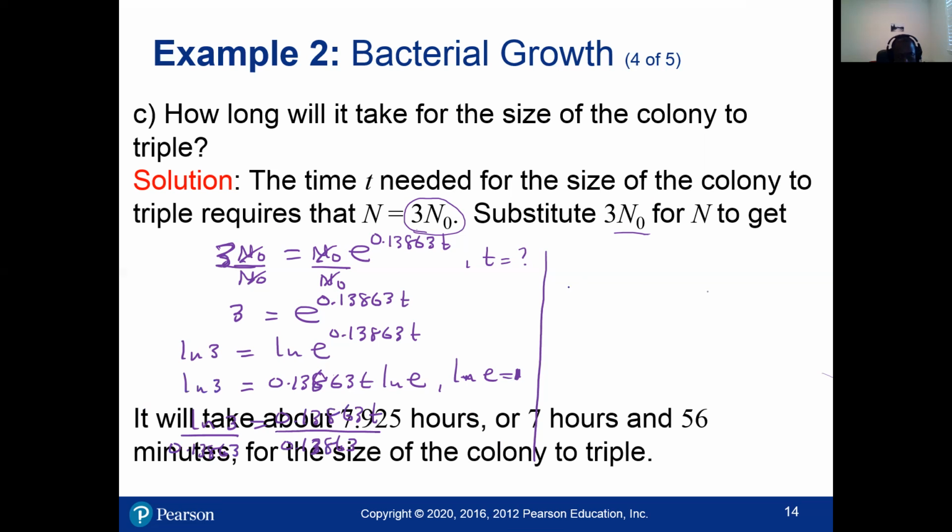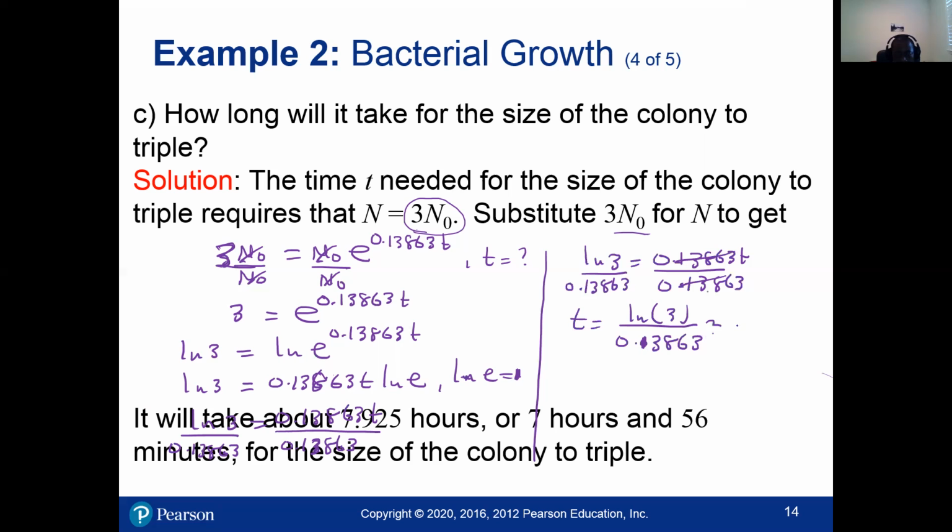So you get natural log of 3 is equal to 0.13863 t. Then divide both sides by 0.13863, and now this cancels out. So your t is equal to the natural log of 3 divided by 0.13863.